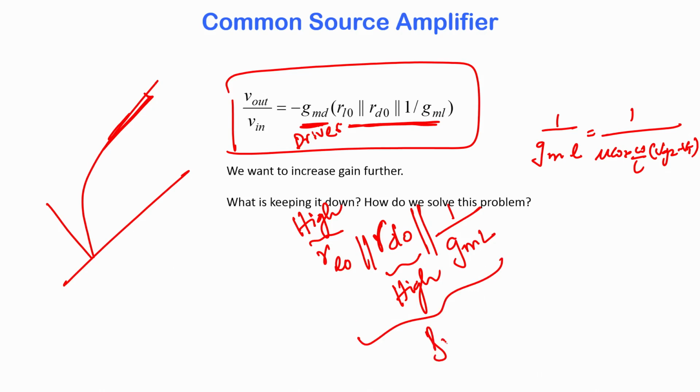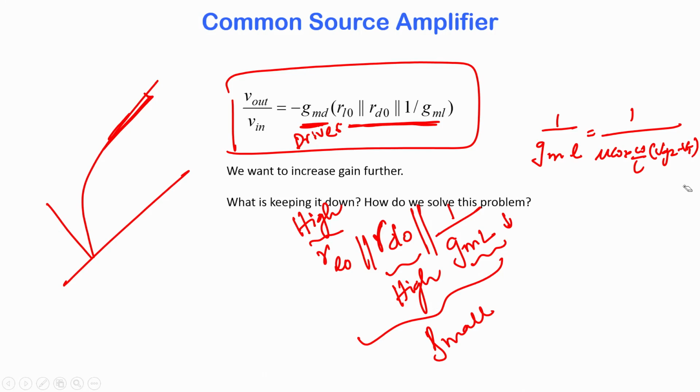It is going to make this entire term small, because 1 by GML is a very small number. Why is that? 1 by GML is nothing but 1 by mu Cox W over L into Vg2 minus Vt. And if you think of it numerically, it has got the same numerical value as the output resistance of the MOSFET in linear mode when we looked at the analysis of a switch, and we already know that this is going to be designed to keep it very low.